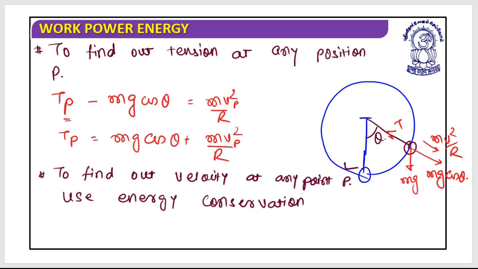Yes, this is the lowest point and this is the point P. So you can say that total energy at L is equal to total energy at P. Yes, and you can do the rest of the things. I hope this is clear. Is it clear up till now? Any doubts?